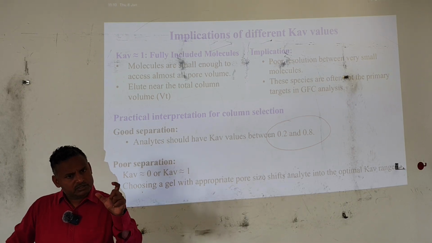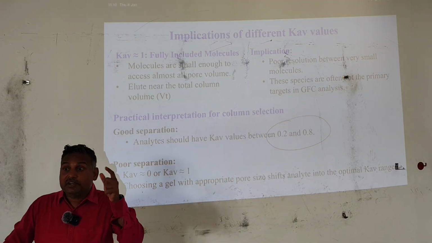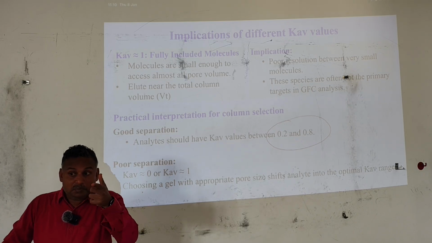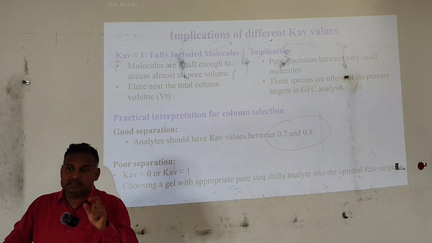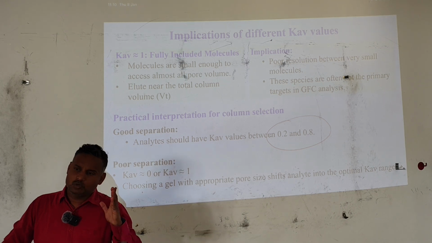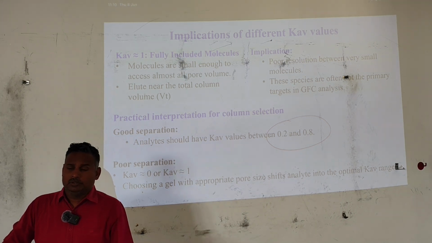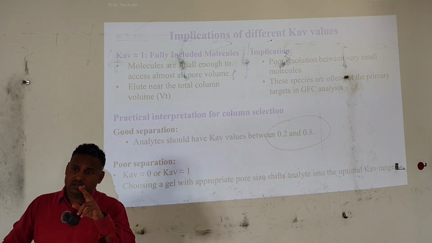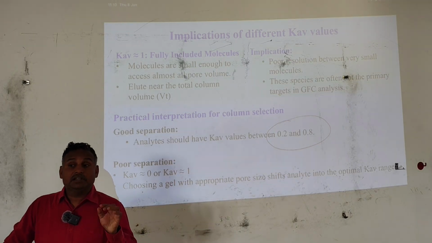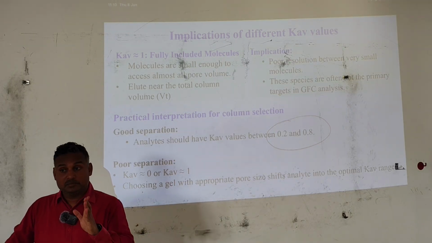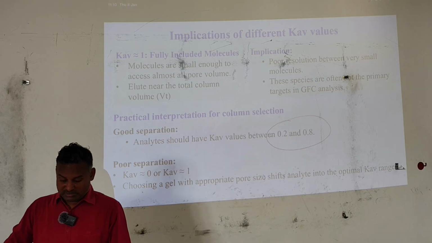If you have distribution constants for every component between 0.2 and 0.8, you will get a very good chromatogram. You will be able to separate all the components without missing any. Even very small molecules you can separate, and bigger molecules also you can separate.